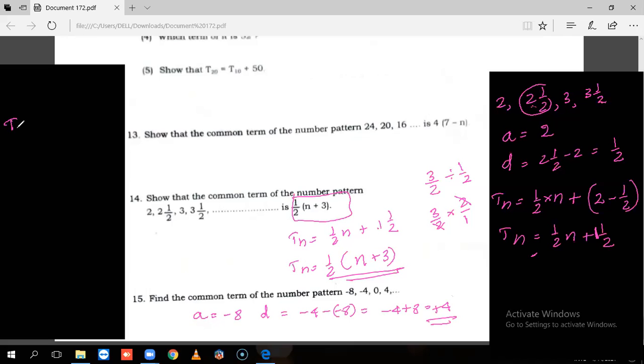Tn equals common difference 4 into n plus first term minus 8 minus common difference 4. Tn equals 4n minus 8 minus 4, which is minus 12. Then the general term is Tn equals 4n minus 12.